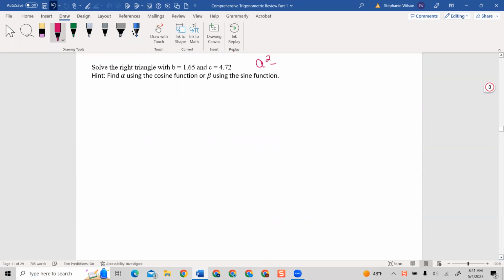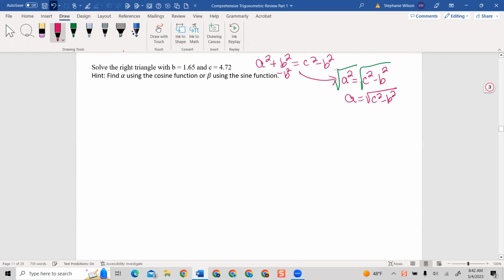So I know a squared plus b squared is equal to c squared. I know what b is, so let's subtract it from this side. So now I am looking for a squared is equal to c squared minus b squared. And let's take the square root of both sides so I can get a. So now I have a is equal to the square root of c squared minus b squared.